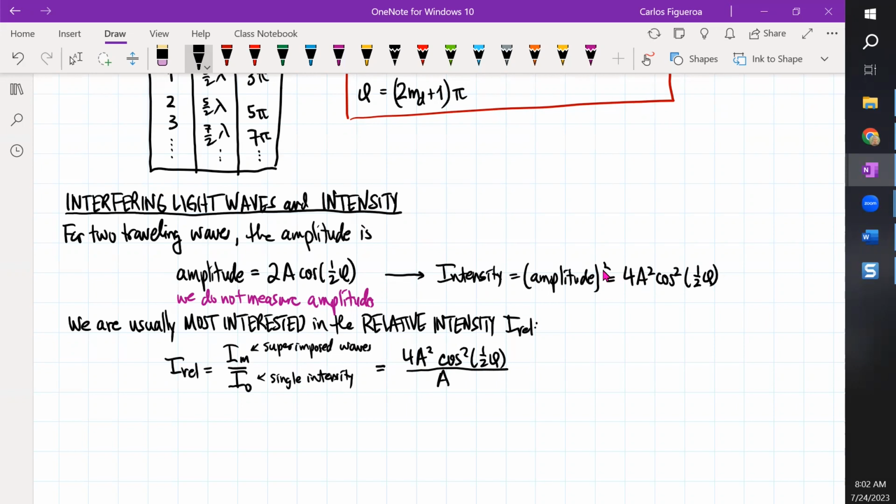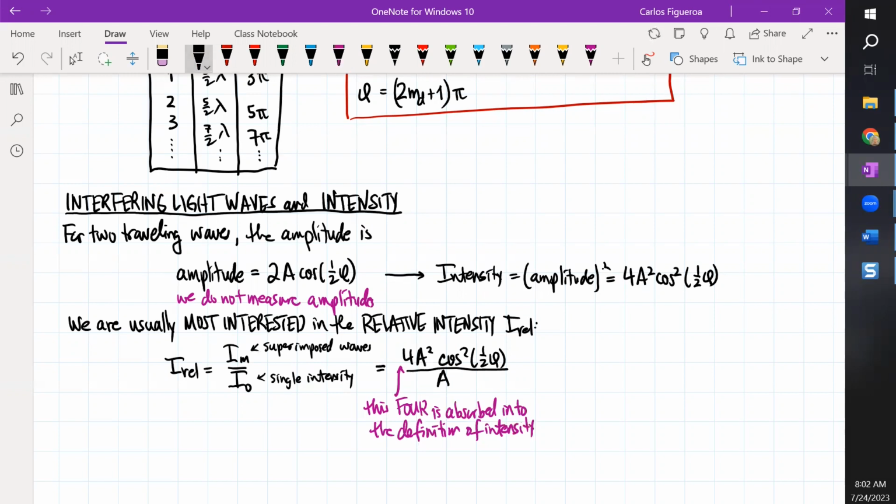Now, look at that 4. What we do here is that this 4 right here is absorbed into the definition of intensity.